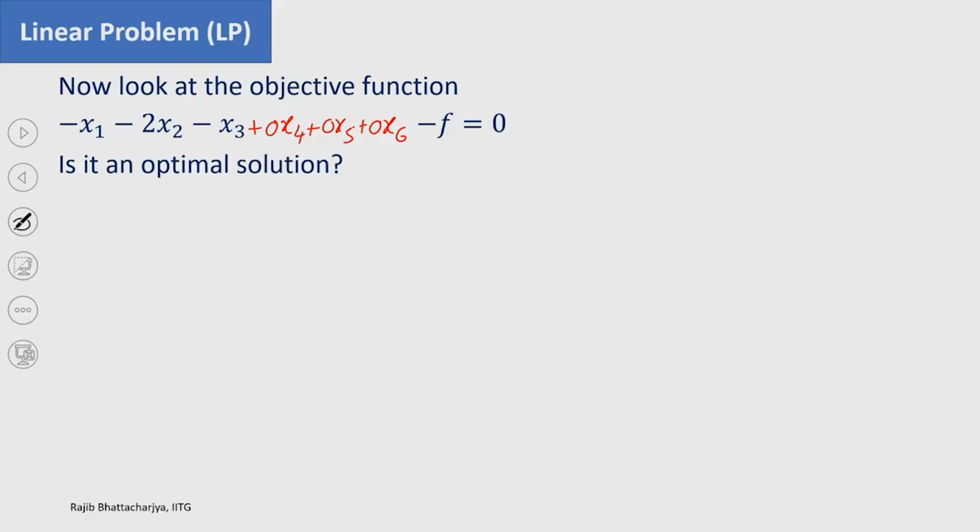Now, let us look at this particular objective function. Here you just see all coefficients are negative, and this is a minimization problem.